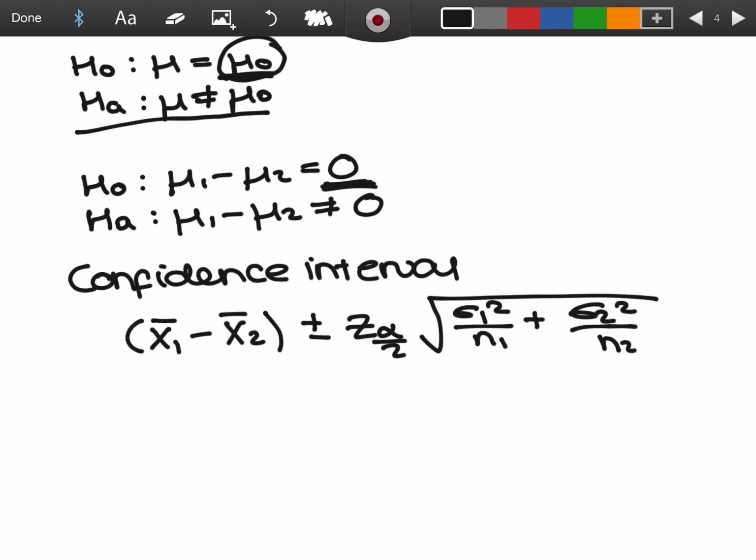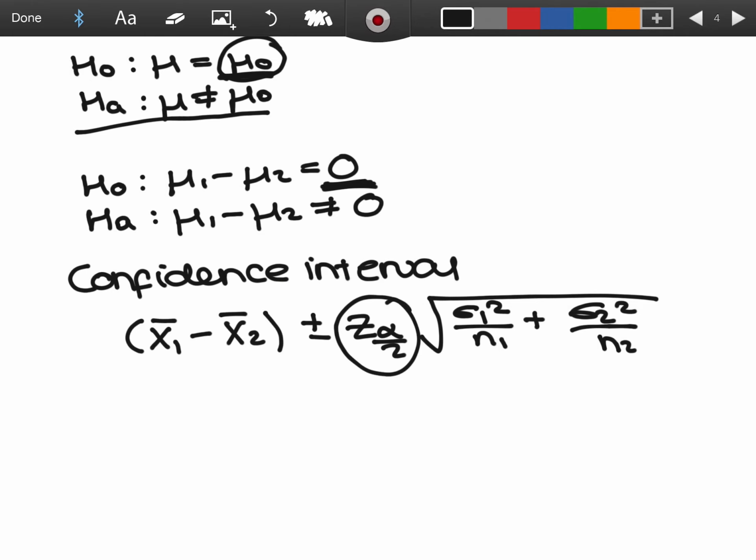This z value here, that was the critical value. Whenever we did test statistics and critical values and that stuff, that is the critical value. So you can go ahead and figure out x1 bar minus x2 bar minus this value. That will give you your lower bound for the confidence interval, and x1 bar minus x2 bar plus that term is going to give you the upper bound of our confidence interval.